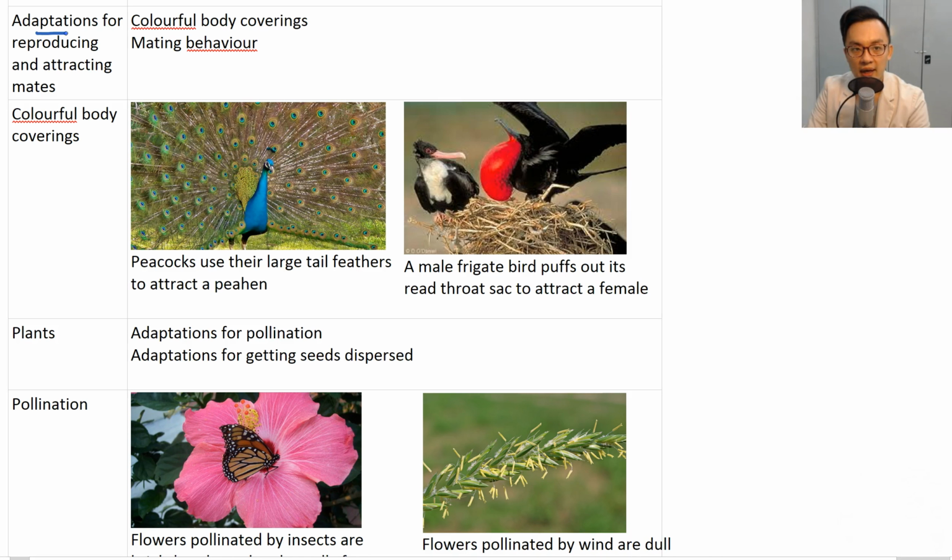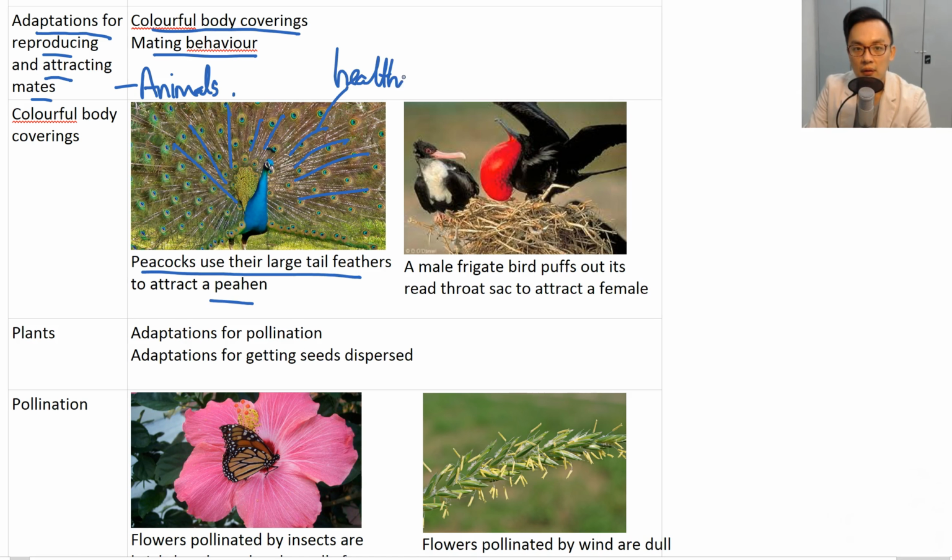Now let's look at adaptations for reproducing and attracting mates. We're talking about animals over here. They have colorful body coverings and they have very specific mating behavior. Peacocks use their large tail feathers to attract a peahen. The bigger the feathers, I suppose the peahen will think that the peacock is healthier and more able to reproduce.